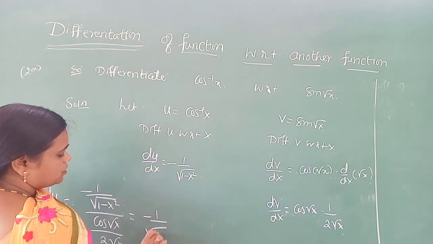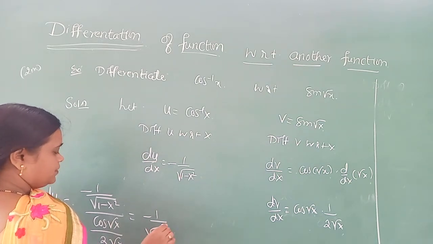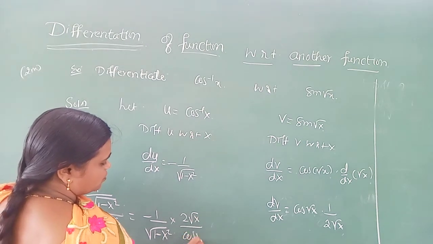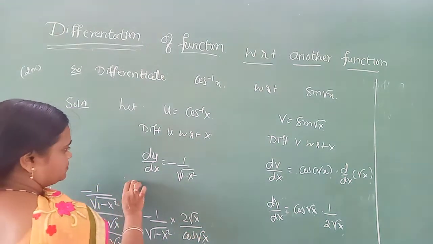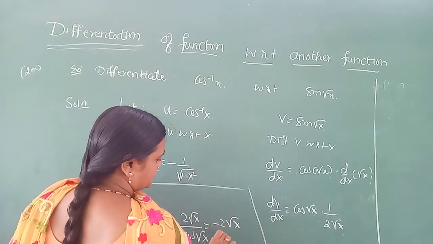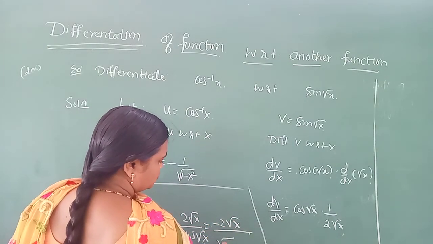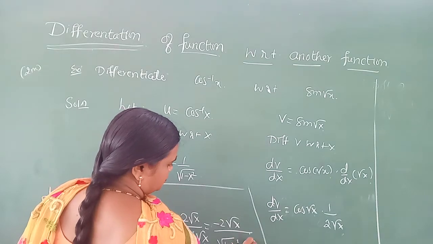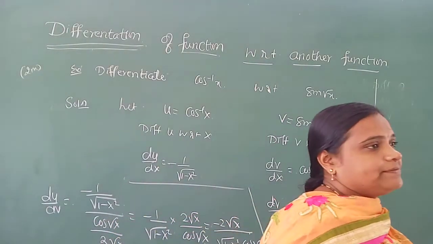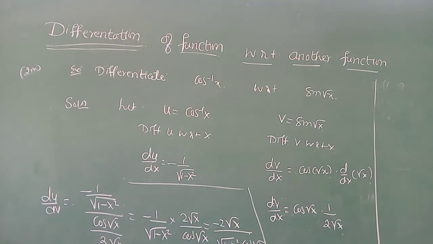Minus 1 by root of 1 minus x square, into 2 root x divided by cos root x. Next, we can write this as minus 2 root x divided by root of 1 minus x square into cos root x. In this way we can do the example.